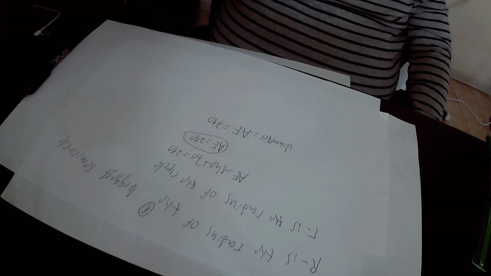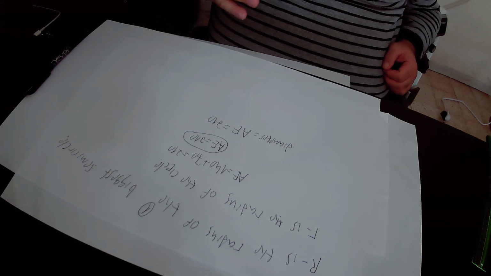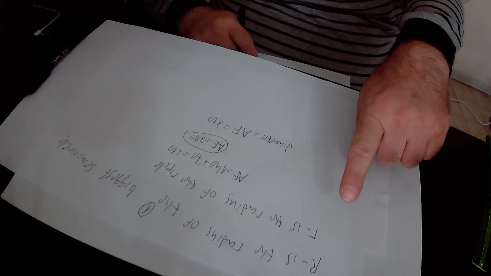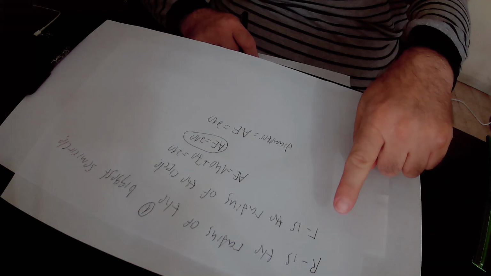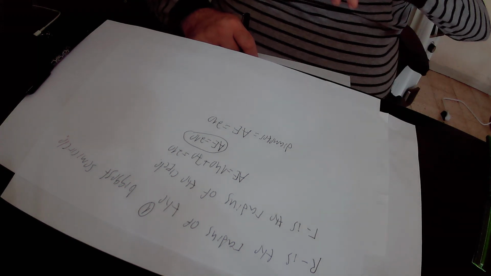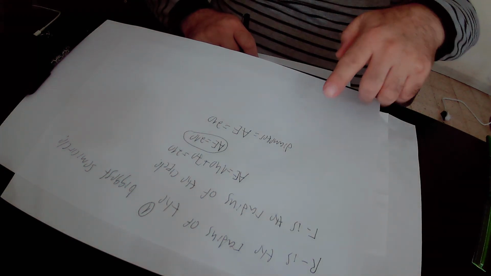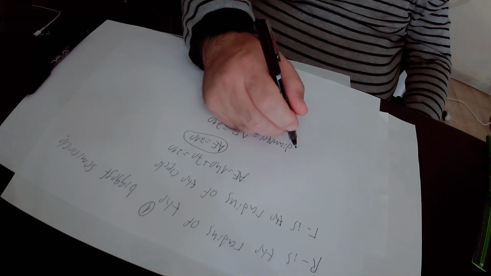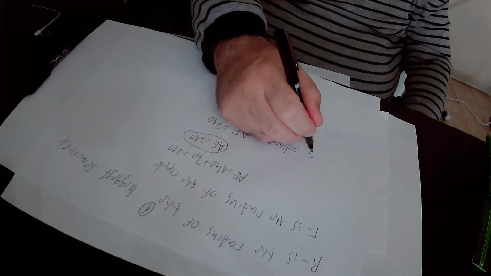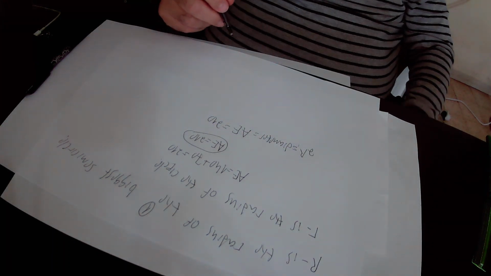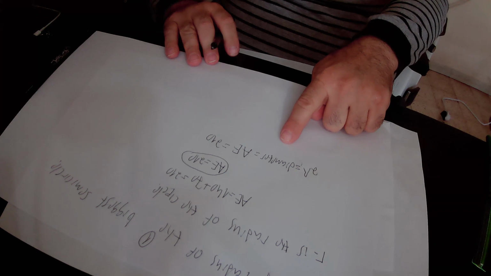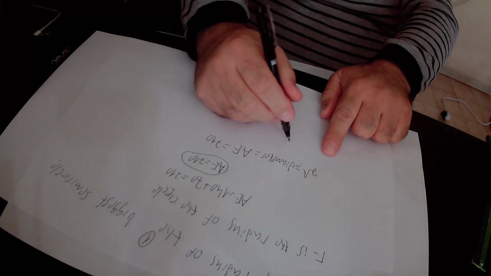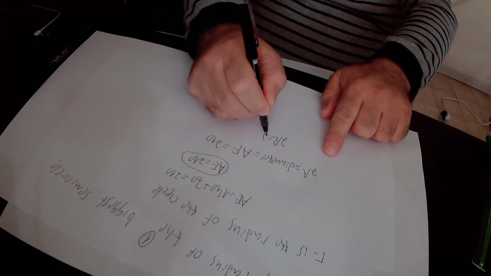We know that the diameter of any circle or semicircle is twice as long as the radius, and because the radius of the biggest semicircle is defined as R, the diameter of the biggest semicircle must be equal to 2 times capital R. So from this equation, 2R equals the diameter equals AE equals 210, we derive that 2 times capital R equals 210.